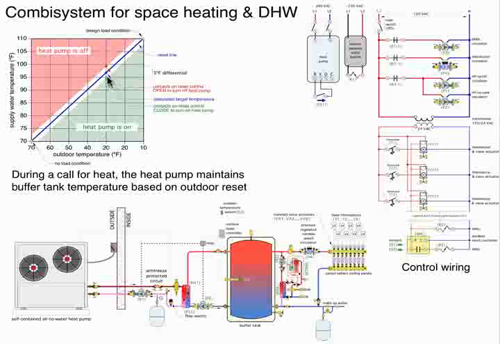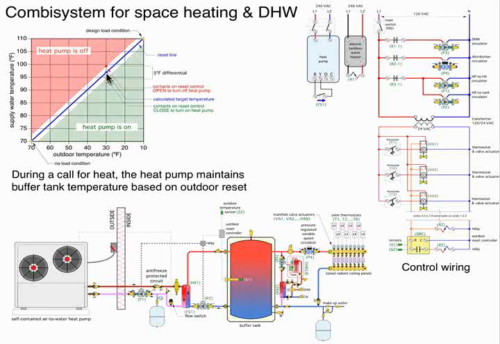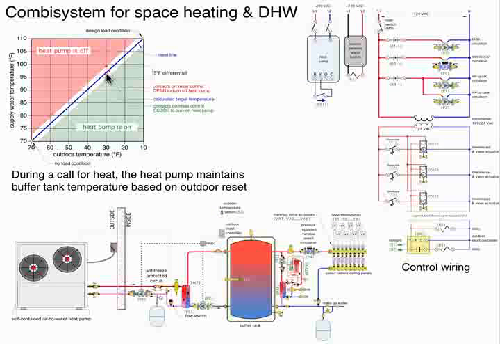But if it's 30 degrees outside, we might get up to only maybe 97, 98 degrees. The idea here is don't heat the tank any warmer than necessary so that the water supplied from the tank to the distribution system can adequately heat the building. So the lower we can keep the water temperature in the buffer tank, the better the performance of that heat pump is going to be.